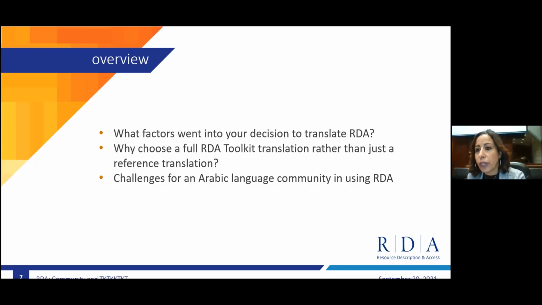As we worked already on many standard projects on bibliographic tools like translating MARC 21 into Arabic and the DDC 23rd edition. So for us to translate RDA, the most recent standard, and also to provide the Arab region with the Arabic translation was a must.